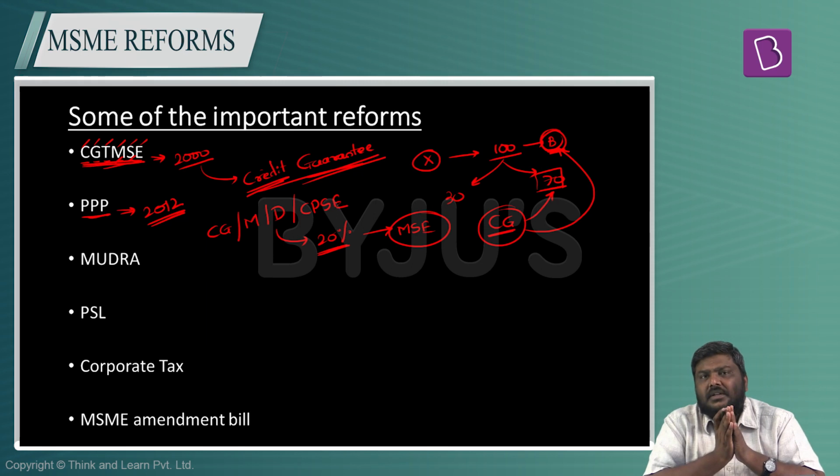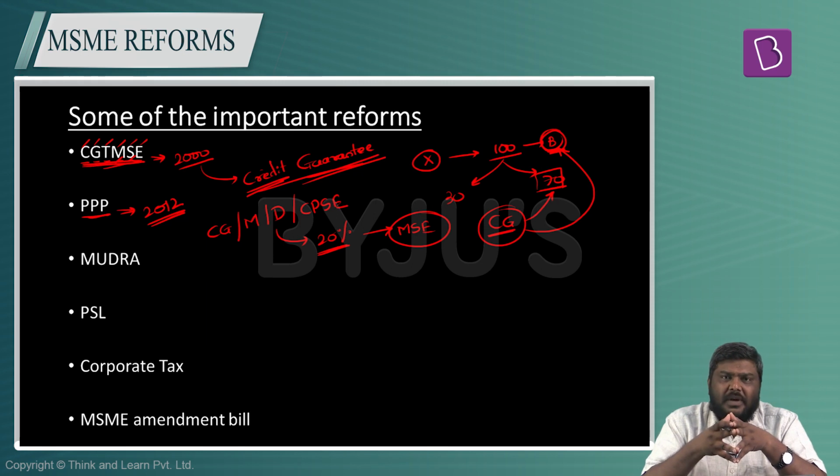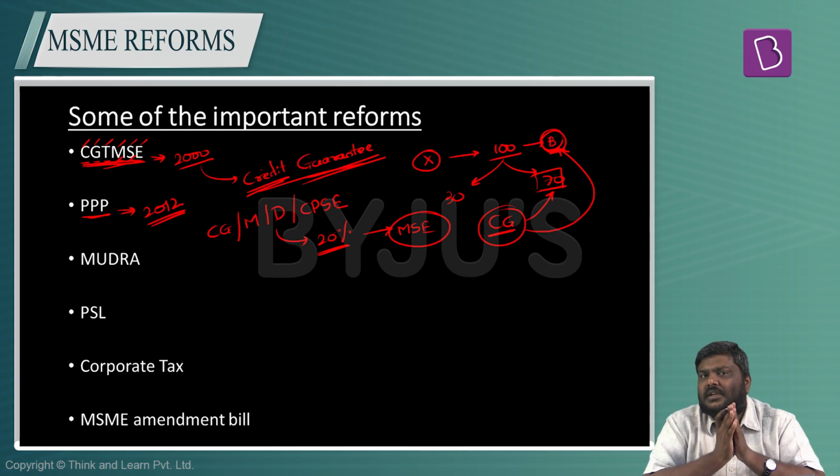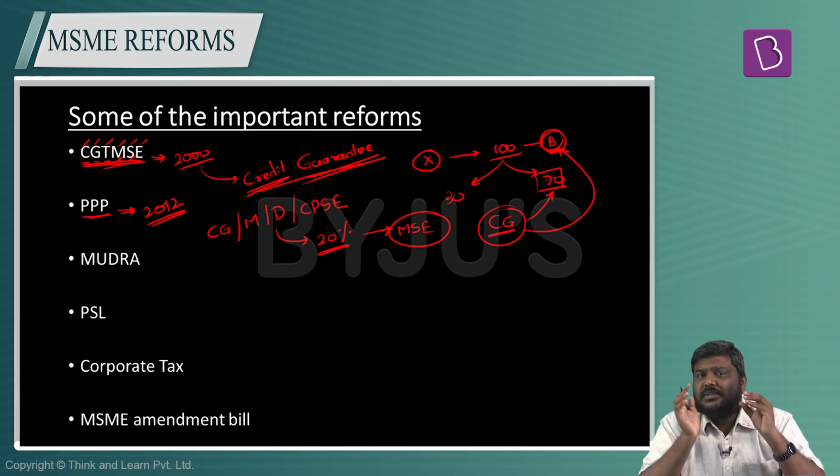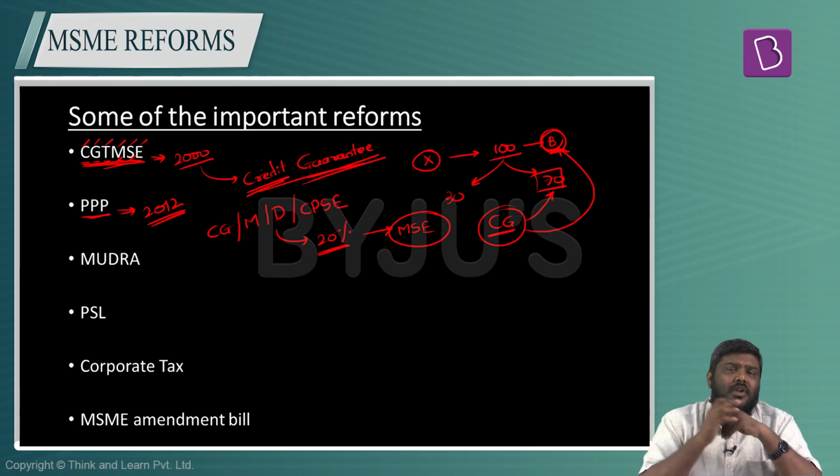I'll repeat it. 20% of their requirement, either by the central government, the ministries or departments under the central government, or even the central public sector enterprises, will be sourced from micro and small enterprises.